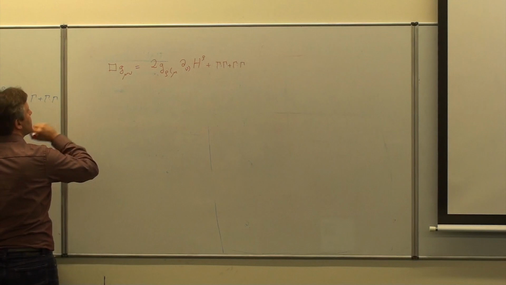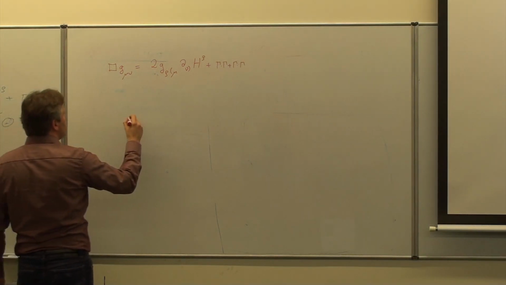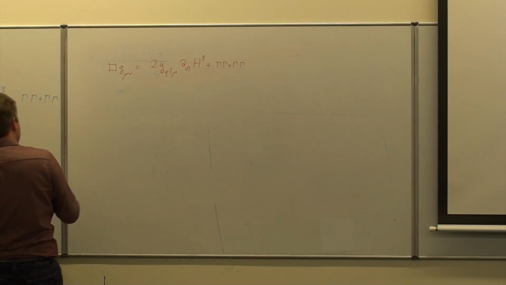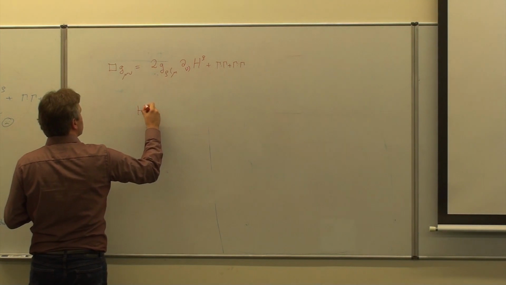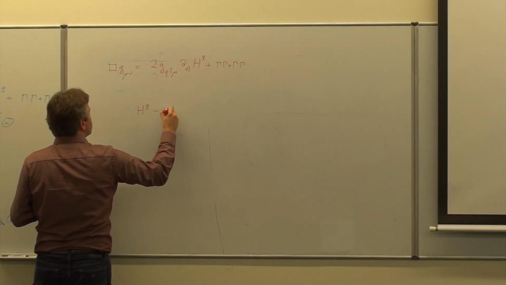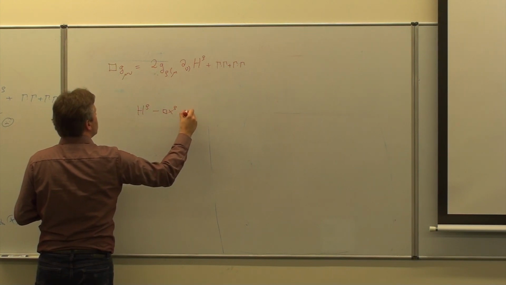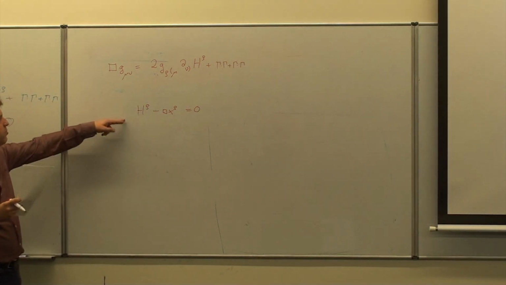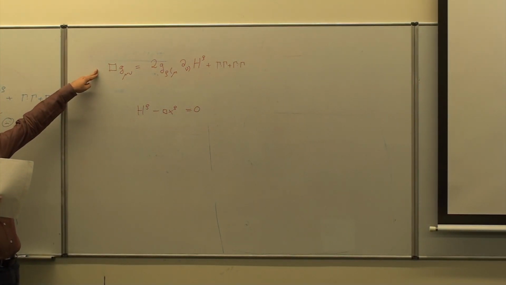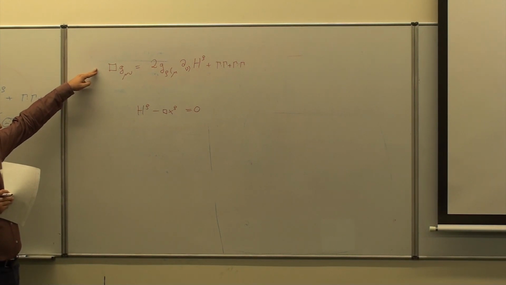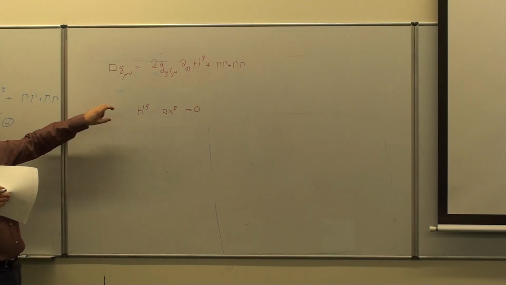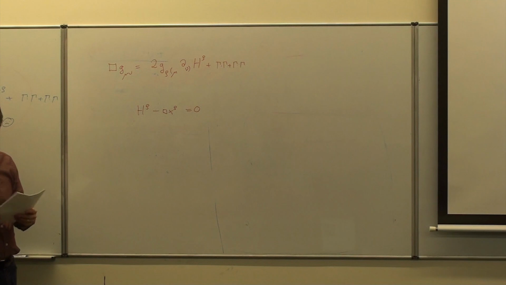Namely, we have used the fact that h rho minus box of x rho equals 0 to simplify our evolution equations. But in the evolution, we are no longer enforcing the gauge conditions, and so it actually turns out that the gauge condition ends up being violated increasingly strongly during the evolution.